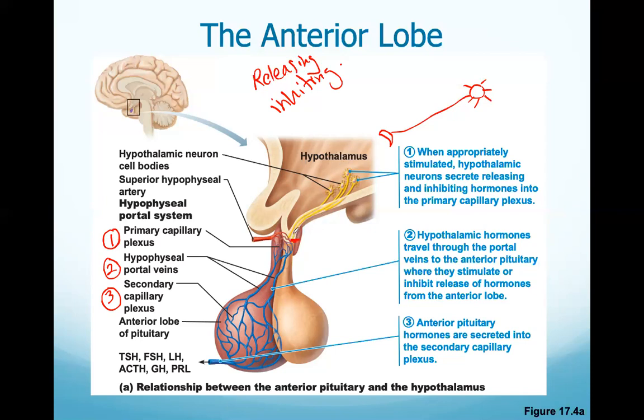They release either releasing hormone or inhibiting hormone into the primary capillary plexus, which is transported through the hypophyseal portal vein down to the secondary capillary plexus on the anterior pituitary gland. And depending on the signaling, either releasing or inhibiting, it causes the stimulation of the hormone release or the inhibition of the hormone release.